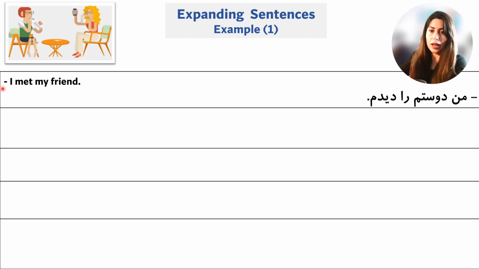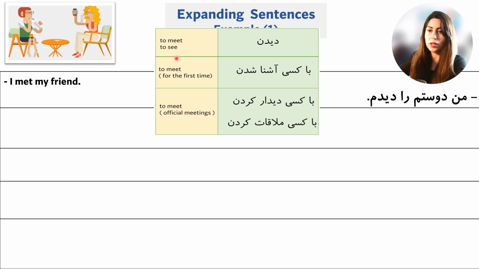So here, I met my friend. The verb to meet in Farsi is a little bit tricky, or I would say it's different from English. When you meet someone you already know, like a friend, a family member, a coworker, or a neighbor, we usually just use دیدن.